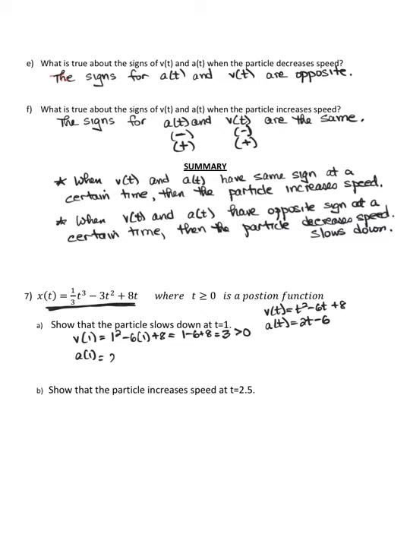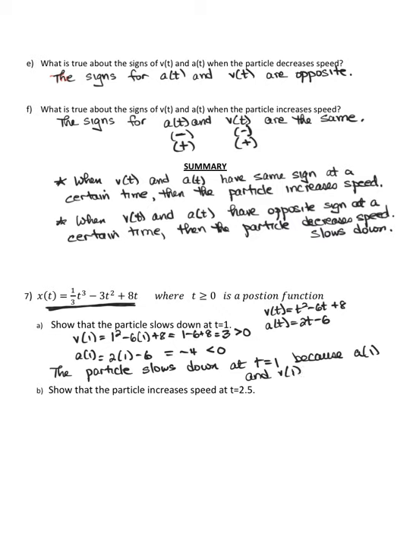And when we put 1 into the acceleration, we get negative 4, which is less than 0. So we say the particle slows down at t equals 1 because a of 1 and v of 1 have opposite signs.